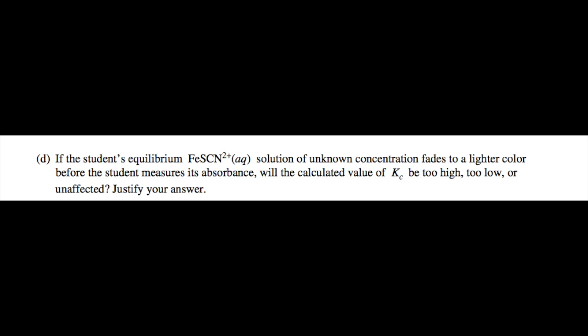The last question asks, if a student's equilibrium FeSCN solution of unknown concentration fades to a lighter color before the student measures its absorbance, will the calculated value of Kc be too high, too low, or unaffected? I said that the value of Kc would be too low.